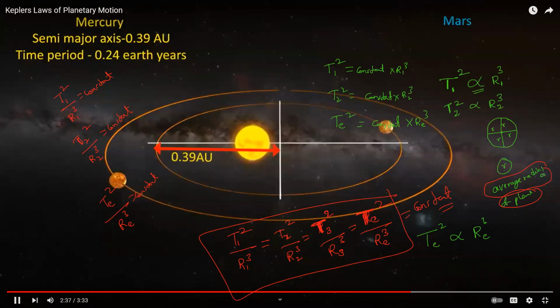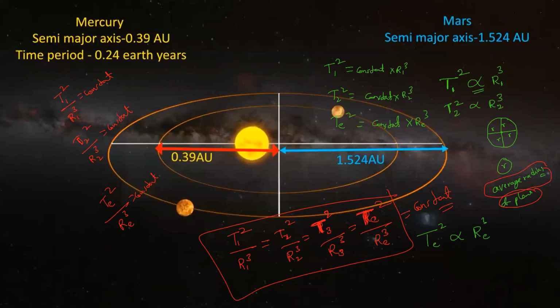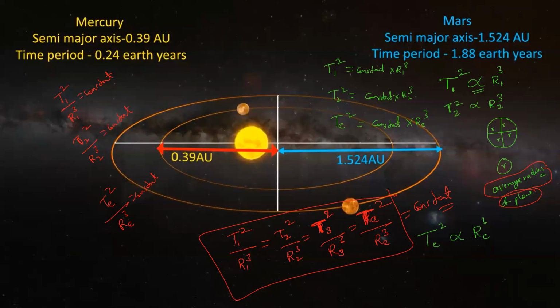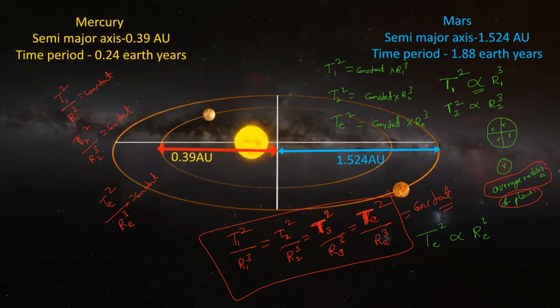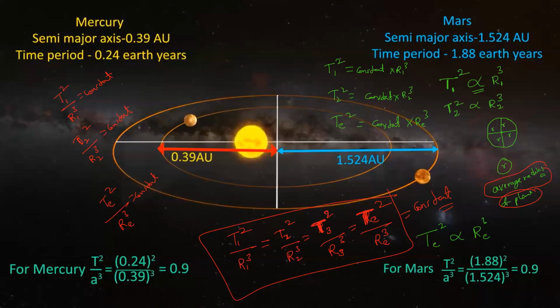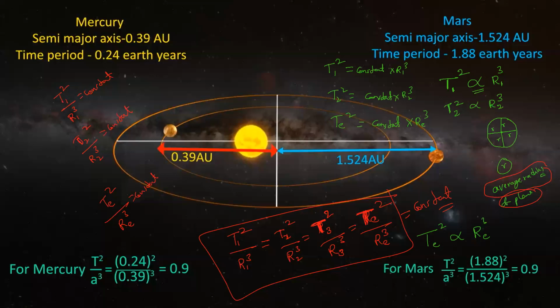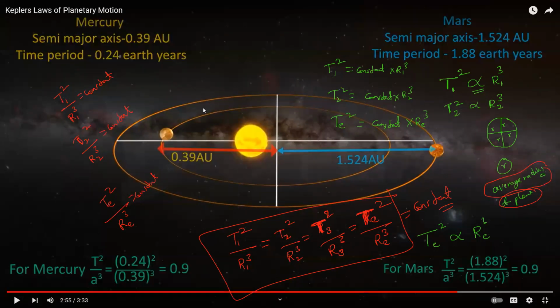For Mars, the length of the semi-major axis is 1.524 astronomical units, and the time period of revolution around the Sun is 1.88 Earth years. Observe that the ratio of the square of the time period to the cube of the semi-major axis is almost the same for both planets. Now, if you want, you can write it: one astronomical unit is equal to 149597871 kilometers. Clear, all of you?